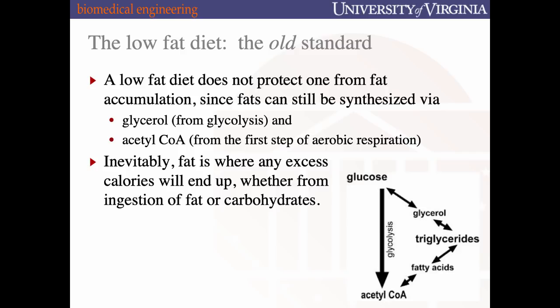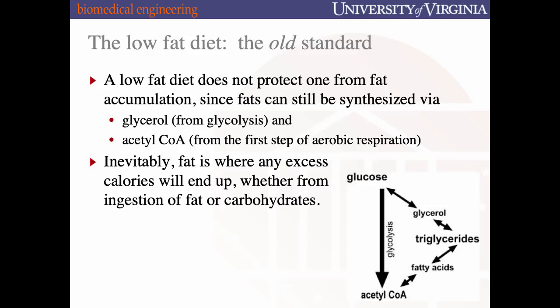This sounds like it should make sense, but there's an alternative interpretation of this now that you have a better handle on how metabolism works. As was discussed last time, all of these pathways from fat breakdown are reversible. None of them are irreversible, like some of the ones that we've talked about in glycolysis or the TCA cycle.